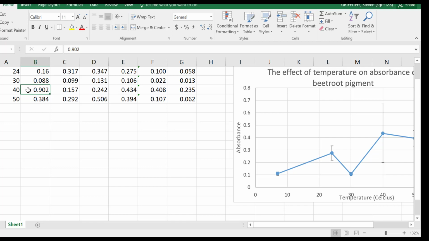Was it that the beetroot was in the water for too long? Was there a lot of beetroot in there? It's so much higher. I wonder if it was just reading incorrectly on the spectro, or maybe the cuvette was put into the spectro the wrong way. So it's a random error because it only affected one trial.